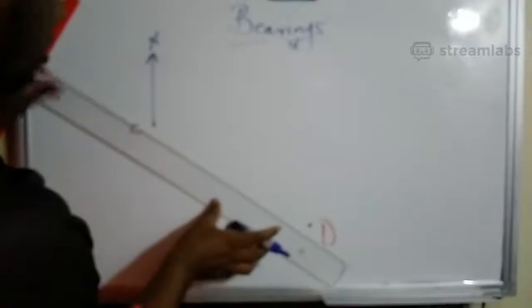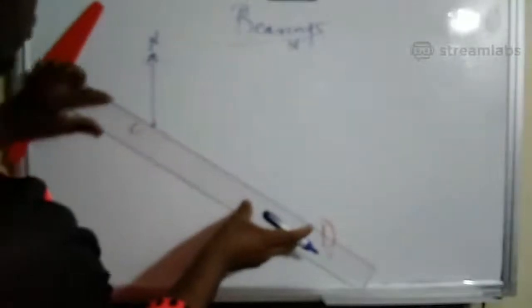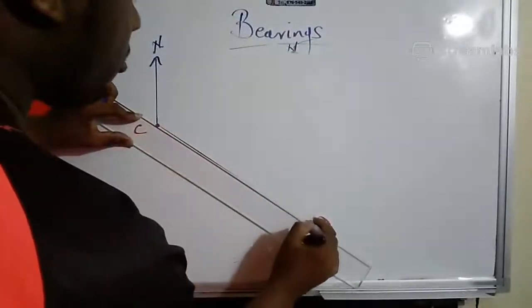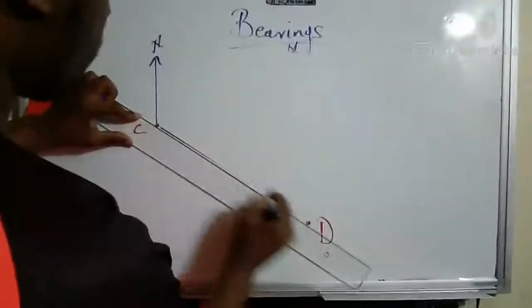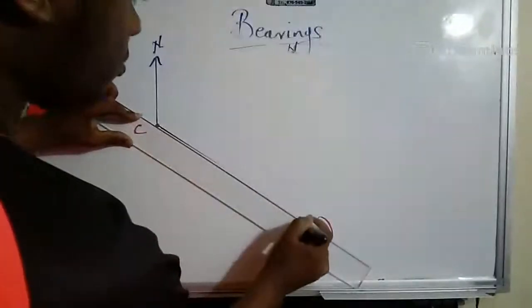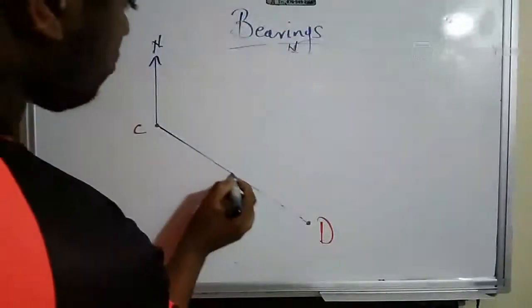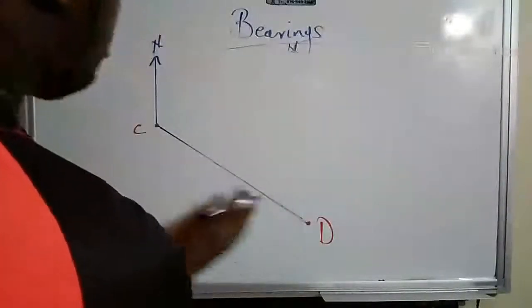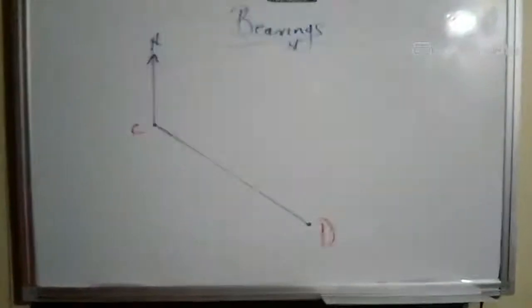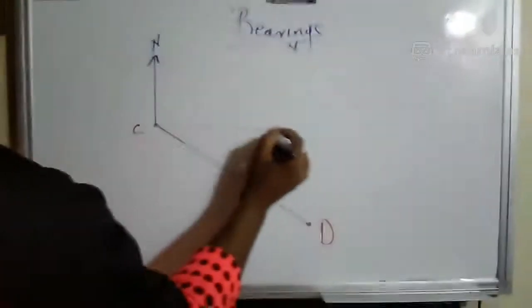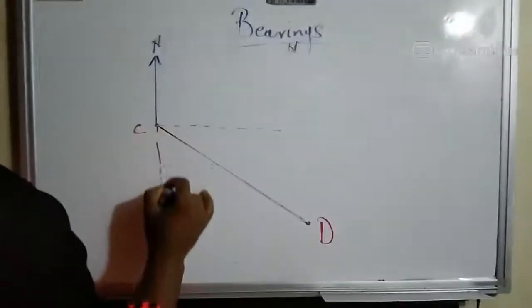So many times I say that, guys. It's in a clockwise direction from the north line, and it's the angle formed between. Alright. You can estimate this. Right here would be 90. This would be 180. See?